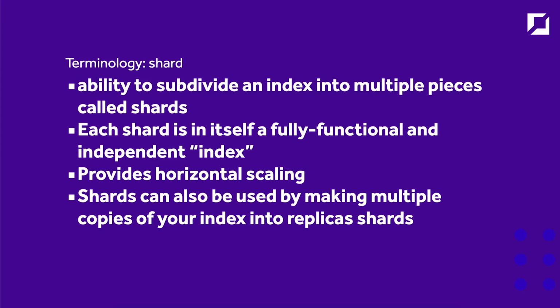Loosely, we can say that indexes in Elasticsearch are found on shards. A shard is a very important aspect, and this is where we start to see how this system can be very specialized and scaled in a way that improves performance. A shard is the ability to subdivide an index into multiple pieces.